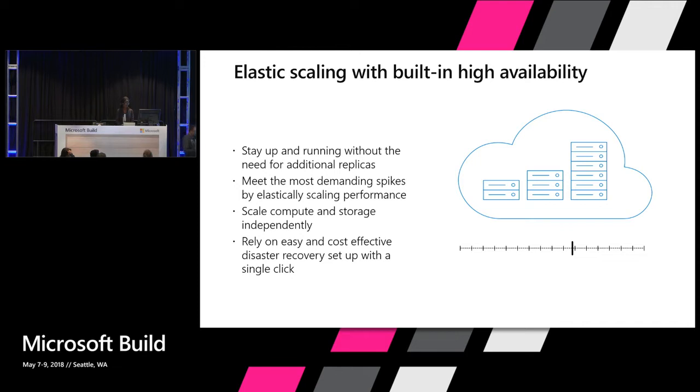And because we are built on Azure Service Fabric and using our own proprietary container technology, we can also scale your instances up or down within seconds. So you can right size the resources you need to allocate to your instances, because you now have the freedom to scale up or down.